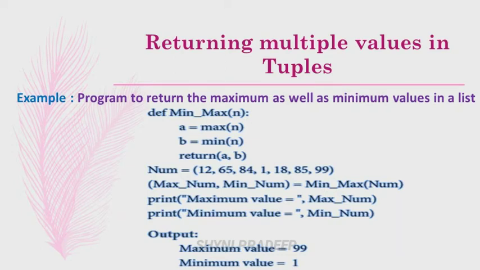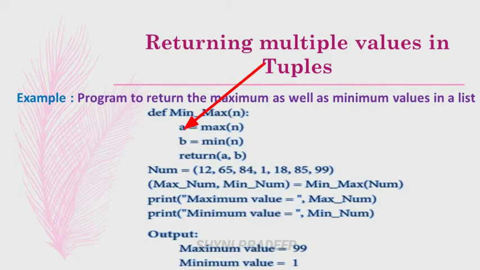Here in this list you have to find the maximum value and minimum value. See def min max n, which means here min max is a function. Here the function is defined. Within this parenthesis a parameter is given, that is n, and the next variable a is equal to max of n and b is equal to min of n, and return a, b values.